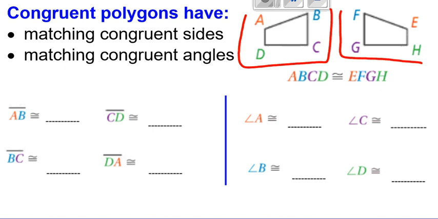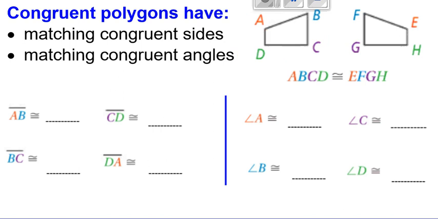So it's kind of like a reflection looking in the mirror. So when you're naming the congruent parts of the polygon, you have to make sure that you're matching up the corresponding parts. For example, this line segment AD would not be congruent to this line segment FG. You have to be really careful when you're putting stuff together.